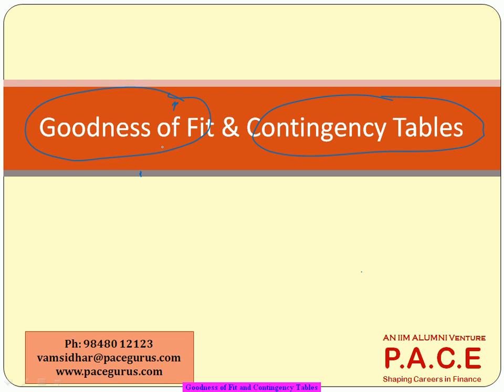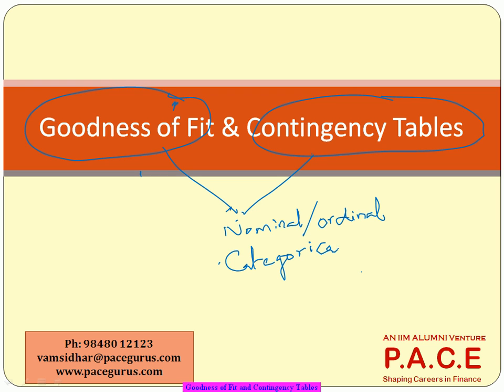Whenever we talk about these two words, let me introduce you to one concept. These two kinds of statistical analysis or tests are primarily applicable to nominal or ordinal data. What is this nominal or ordinal data? We have discussed earlier that the data is more categorical, not in the form of a ratio scale.